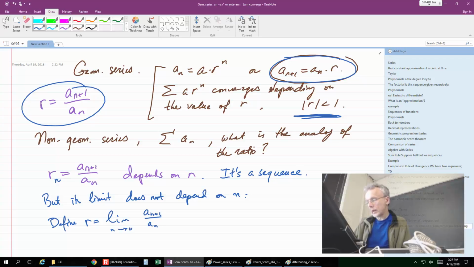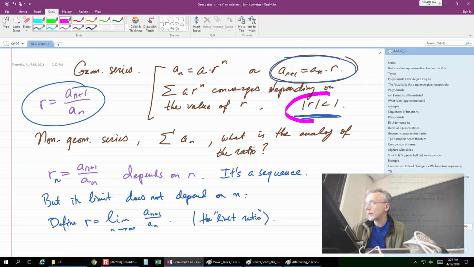And then the hope is that it will supply us with a number that characterizes the series, as well as it characterizes the geometric series. You can still call it the ratio or the limit ratio or whatever you prefer. It is the formula that matters. And then the hope is that the restriction will be the same: R less than 1, then we have convergence, and indeed it is exactly what our answer is.